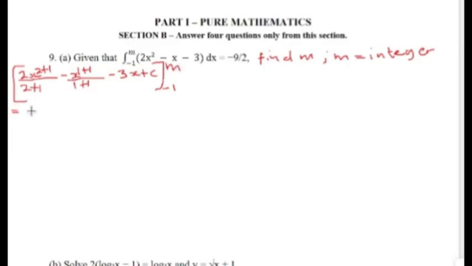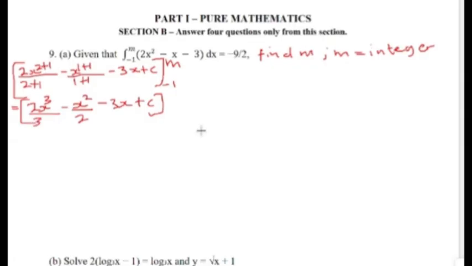Now this gives us 2x cubed over 3 minus x squared over 2 minus 3x plus c. C is our constant of integration, which will disappear the moment we substitute these limits of integration.